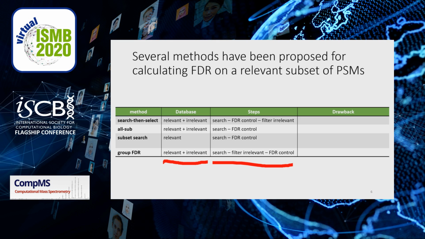For example, in search and select, there's a database search, and then the PSMs that come out of the database search go through FDR control. Out of the FDR control, we have a list of confidently detected PSMs, and then we filter out any PSMs that match irrelevant peptides to get our confident list of relevant PSMs.